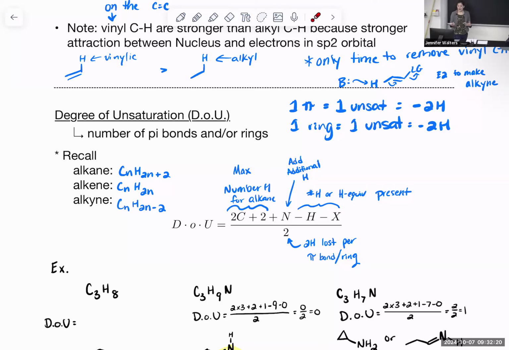I will expect you to be able to calculate degree of unsaturation by looking at the number of hydrogens that you have and then comparing it to your alkane. So you still have to have that CnH2n plus 2. That formula still has to be memorized. Then you can compare to the maximum to know how many unsaturations you have, or by counting the number of pi bonds and rings.